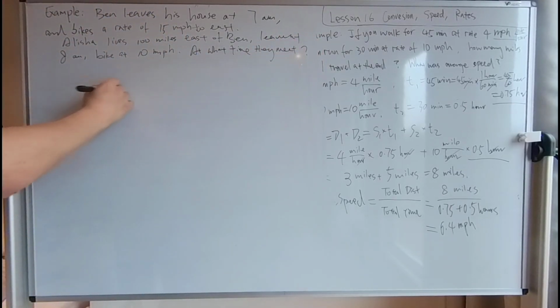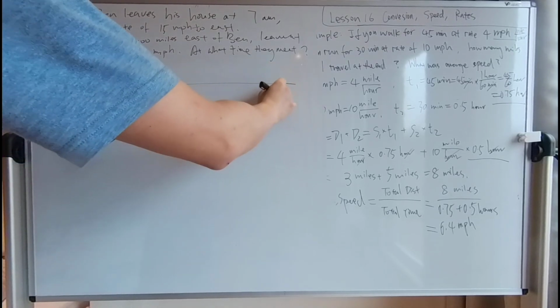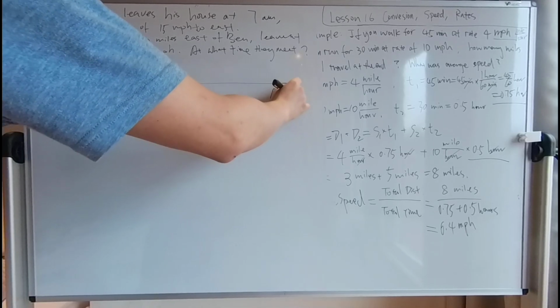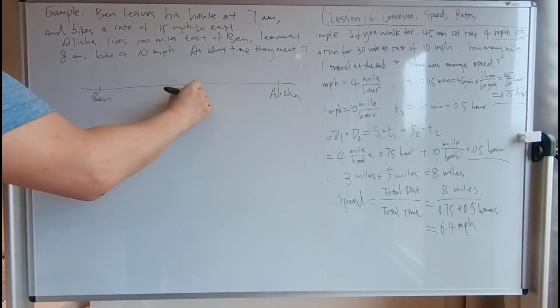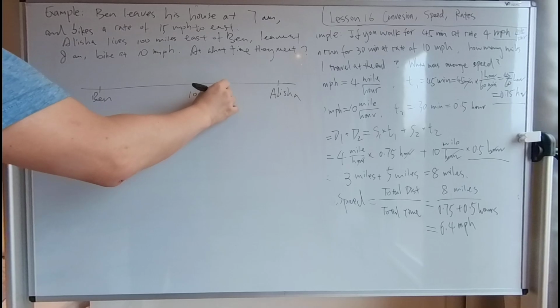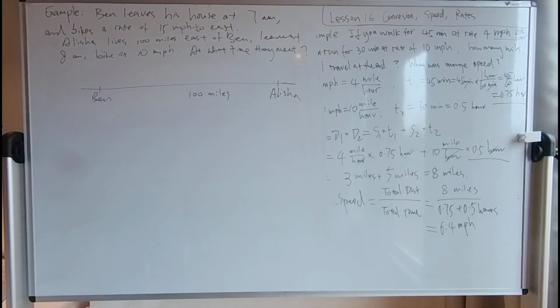Okay, this question, we have two friends, Ben and Alicia, who live 100 miles away. So in the morning, Ben departs at 7 a.m. with a speed of 15 miles per hour, traveling to the east.